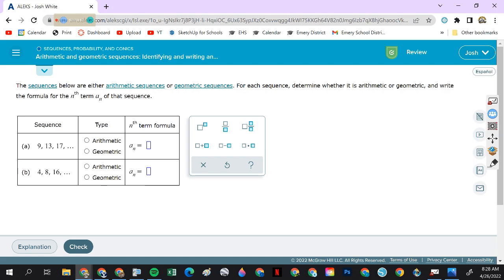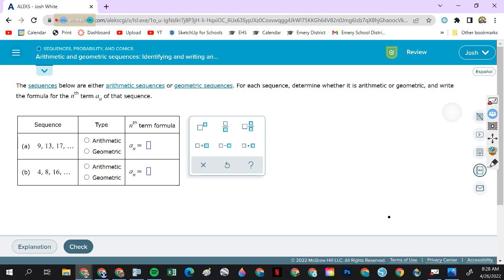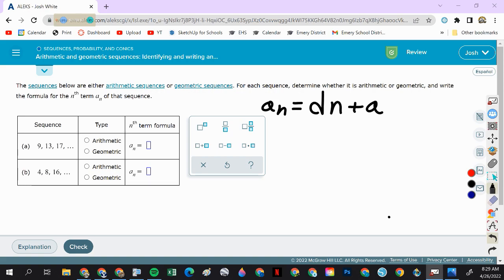So we want the explicit formula for arithmetic and geometric. Now remember, the arithmetic formula is a sub n equals d times n plus a sub 0. Which is a little weird because a sub 0 is not part of the sequence.